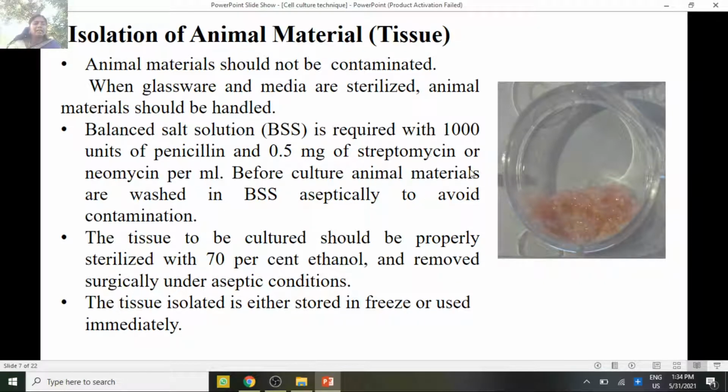The glass vase which you use for cultivation is washed in BSS aseptically to avoid contamination. The tissue to be cultured is properly sterilized with 70% alcohol and removed surgically under aseptic condition. The tissue isolated is either stored in the freezer or used immediately. This is one such mammalian tissue which is isolated; I have shown you the picture here.